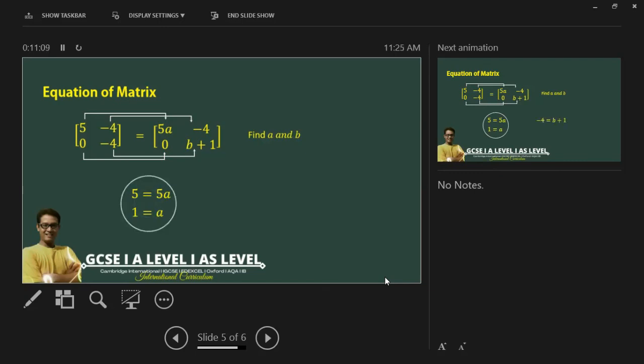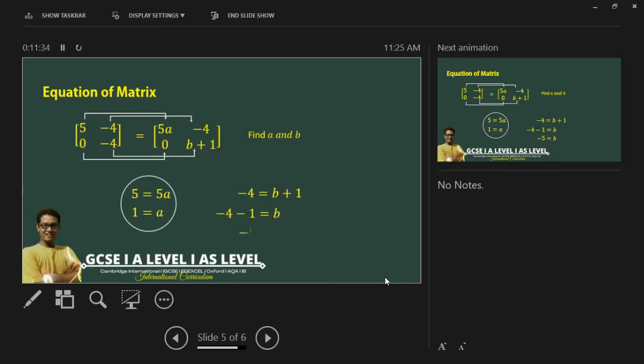What is the next corresponding pair? Minus 4 equals b plus 1. By using algebra, the 1 is moved to the left side, so minus 4 minus 1 equals b.